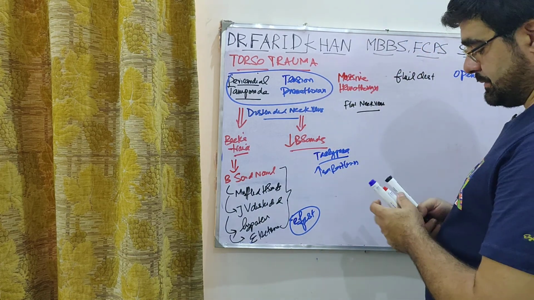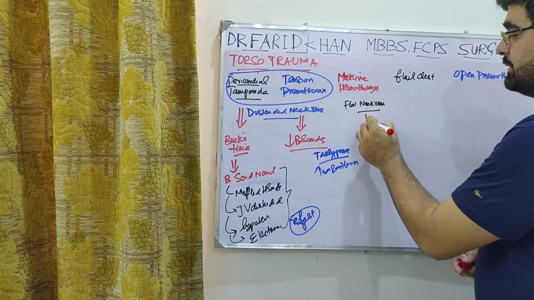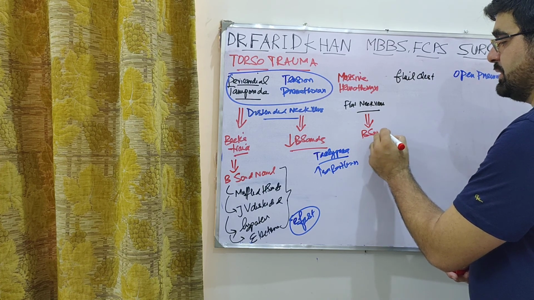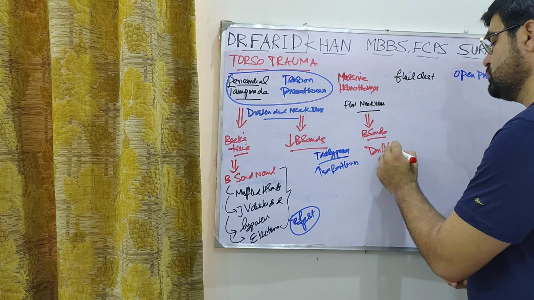Massive hemothorax: there will be flat neck veins, breath sounds will be decreased, but it will be dull to percussion.